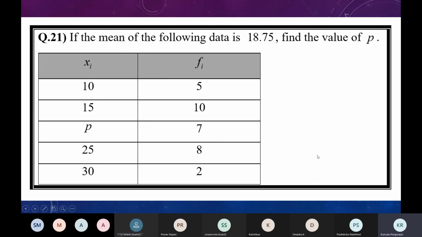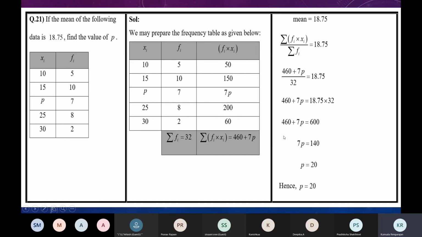When you find the total, you should not add 7p. You should add the remaining numbers and say plus 7p. So like this, you need to create this column Fi Xi. You can see the products here. Find the total of this column. 50 plus 150, 200. 200 plus 200, 400, 460. 460 plus 7p.